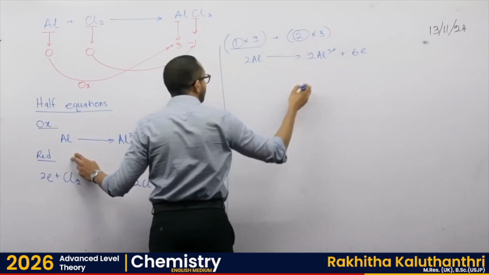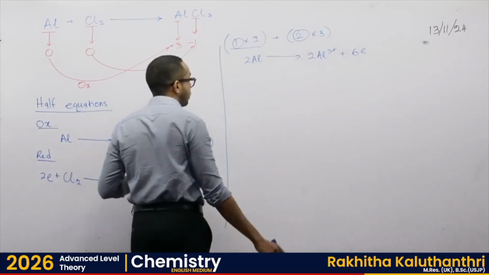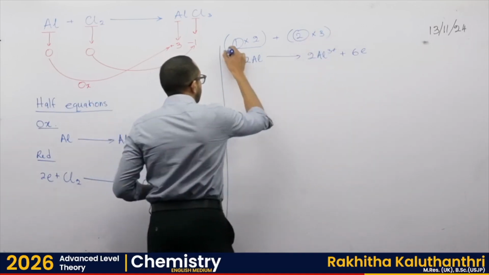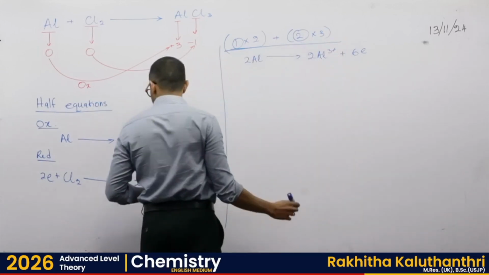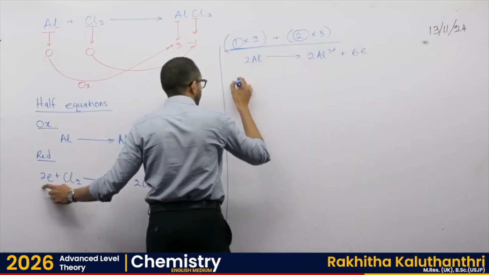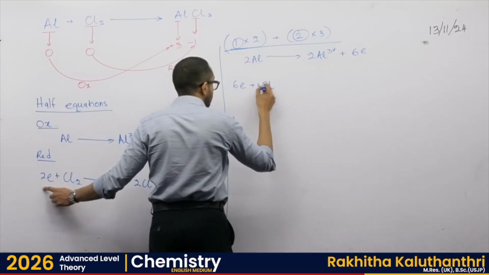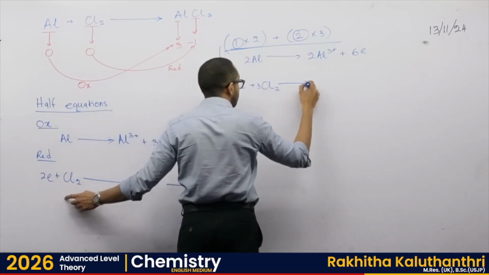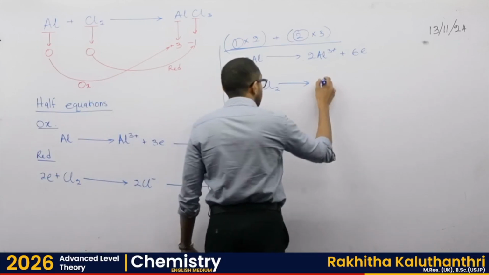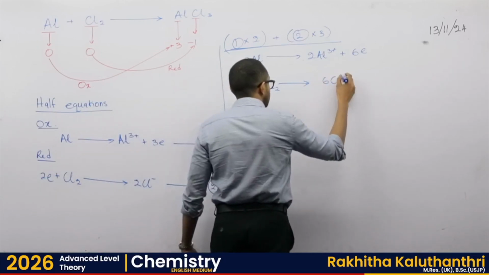Second reaction multiplied by 3. I will write it here, so then I can add them together very nicely, right? Second reaction multiplied by 3 will be 6 electrons plus 3Cl2 turns into 6Cl1-.